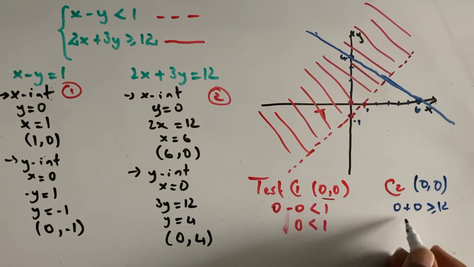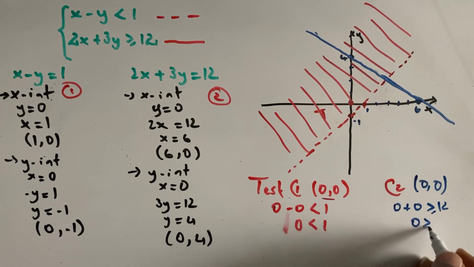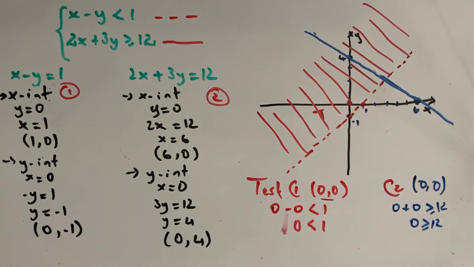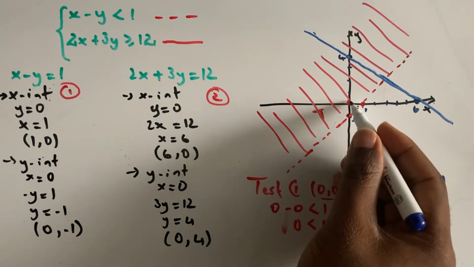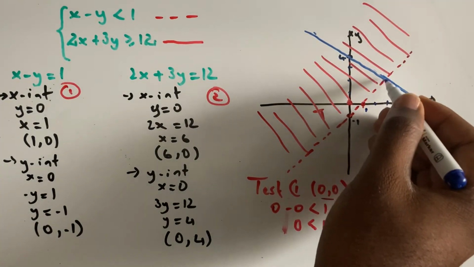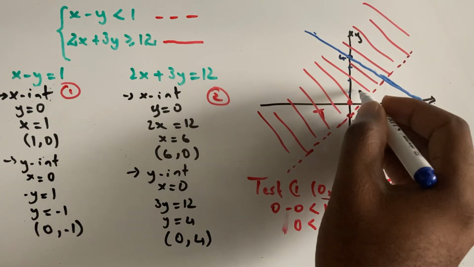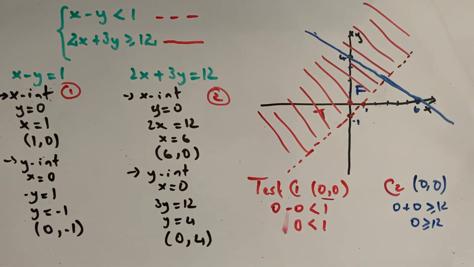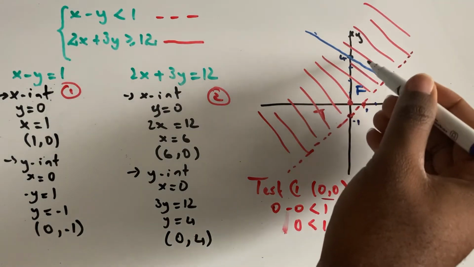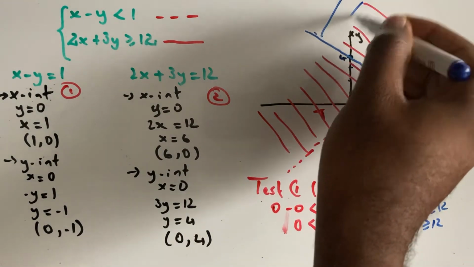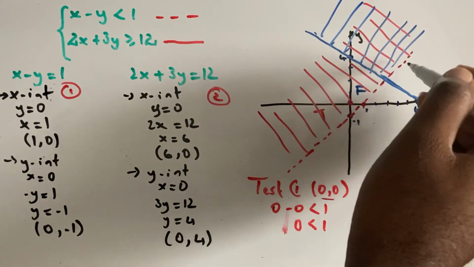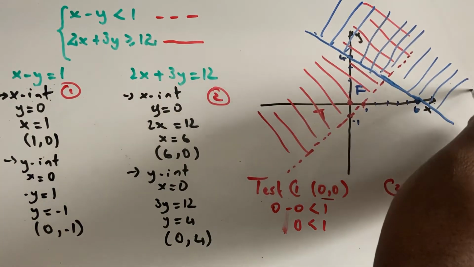Now, is it true that 0 is greater than or equal to 12? This is false. 0 is less than 12. So this point is false for this line here. I put it in blue for the blue line. Since it's false, I'm going to shade away from it, the other side of the line. So right here. Okay.